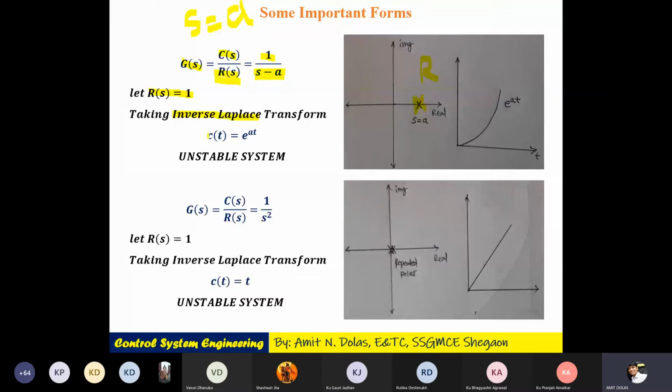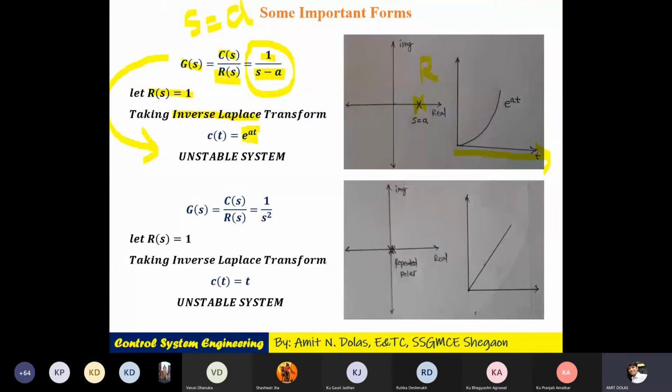Taking the inverse Laplace transform, because I want to plot this signal in the time domain, I convert it from the frequency domain to the time domain. We do have the formula in the second lecture PPTs. The inverse Laplace of 1 by s minus a is e raised to power at. No minus sign here, previously there was a minus sign.